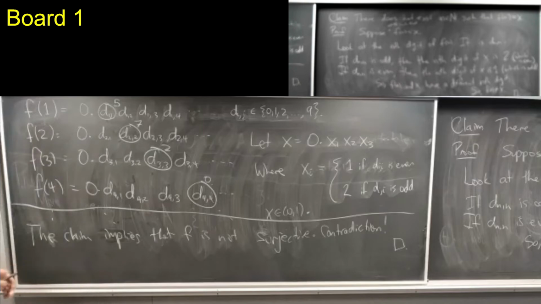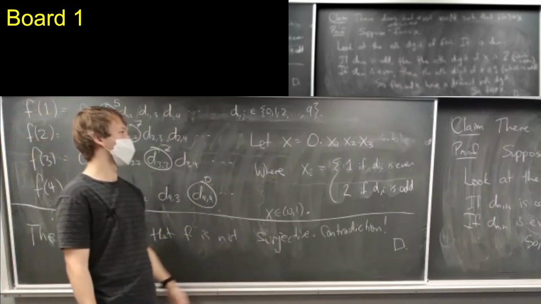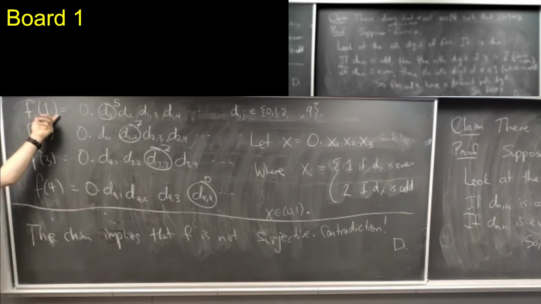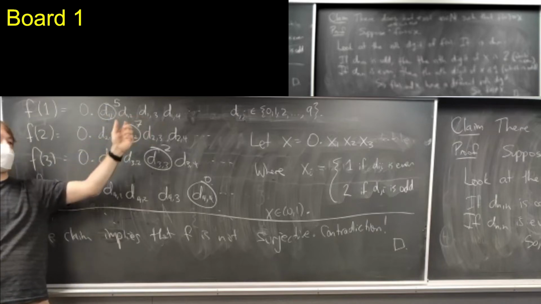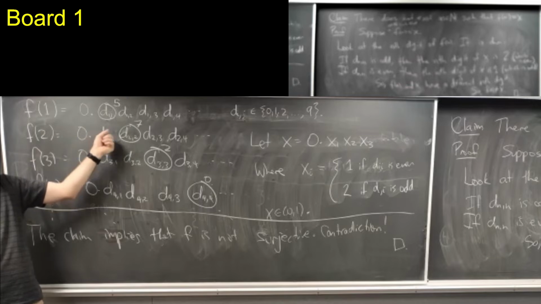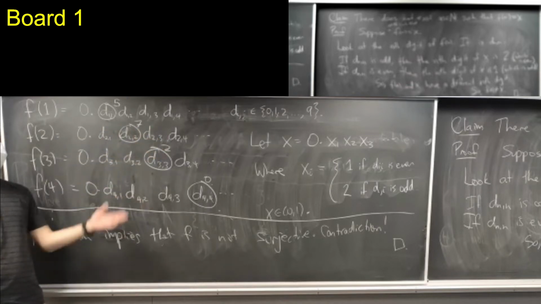So this is taking a step back to this part of the proof, in case you didn't understand how to define x. This is a specific example. Imagine f of 1 is some number like 0.5 something, and f of 2 is 0 point something, and the second digit is a 7, and we don't care about the other digits.